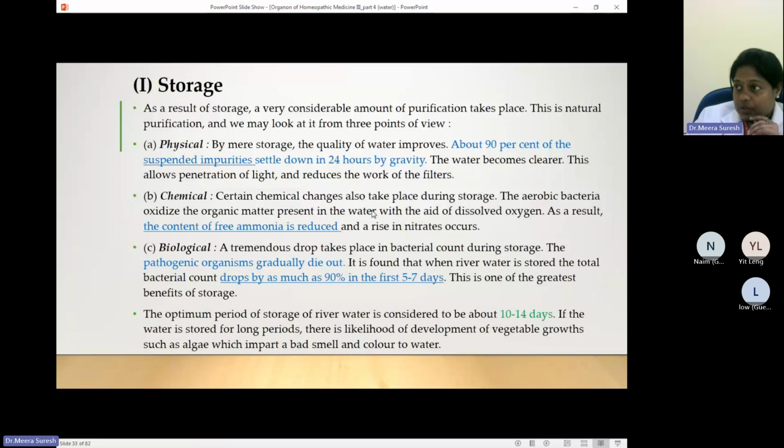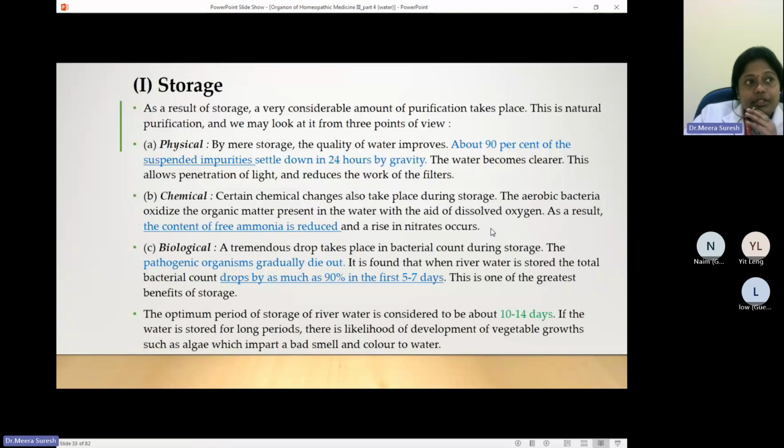Because these organisms are present in the water body, the waste matter that is reaching the water will be broken down. As a result, the content of free ammonia is reduced and a rise in nitrates occurs.